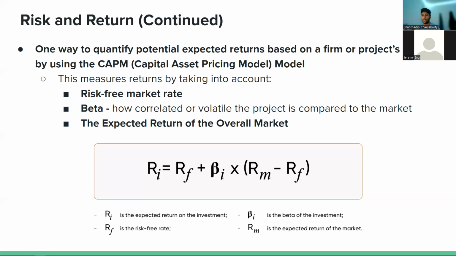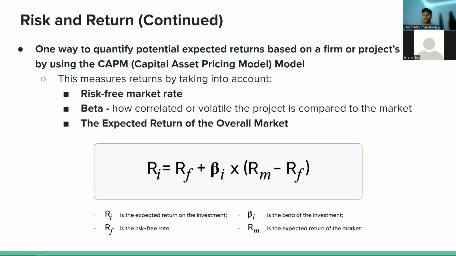However, this is a problem because inversely, if the market goes down 1%, then this project's expected return will also go down 1.5%. So it's a double-edged sword. You have higher than market returns on a good day, and you have much worse losses than market losses on any given day. So it's a double-edged sword.